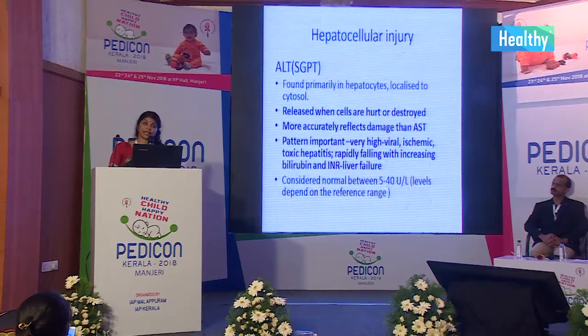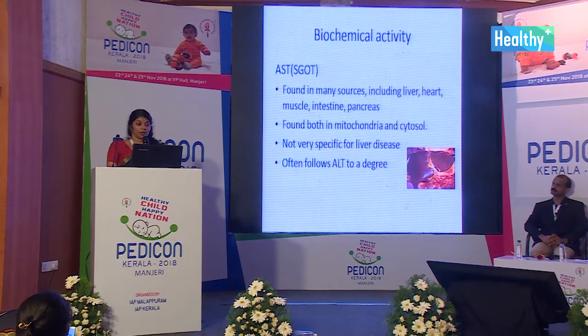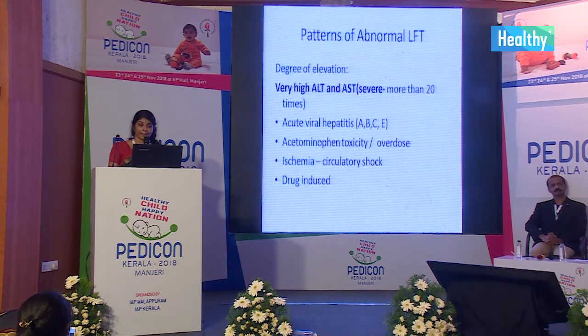It rapidly falls with increasing bilirubin, and if there is a rapidly falling ALT, in the background of an increasing bilirubin and INR, it indicates liver failure. AST is found in many sources and is not as sensitive as the ALT. It's not very specific for liver disease and often follows ALT to a degree.